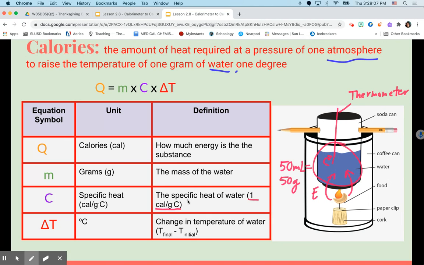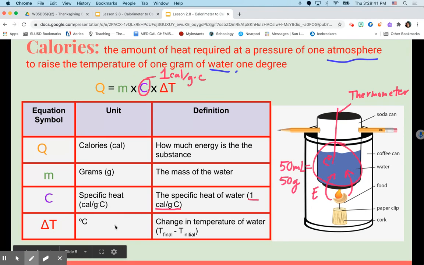Since we're using water every single time to make our math super easy, our specific heat is always going to be 1 calorie per gram times degrees Celsius, right? Something helpful would be to write this information down in your notebook as well. Know what the equation symbol represents in terms of the units you're looking for and what they actually mean.